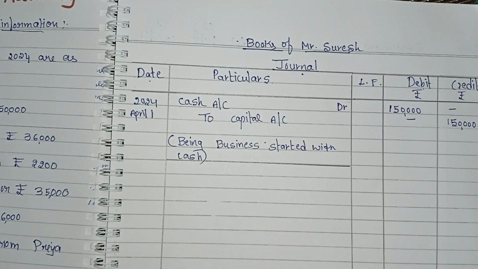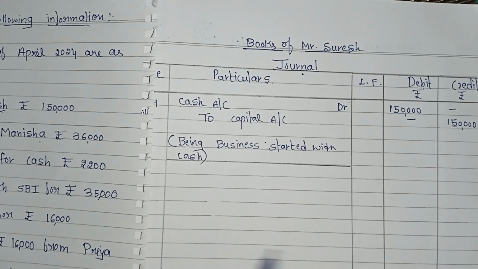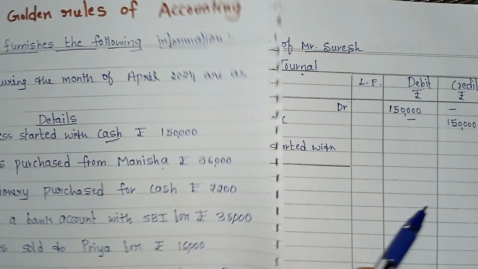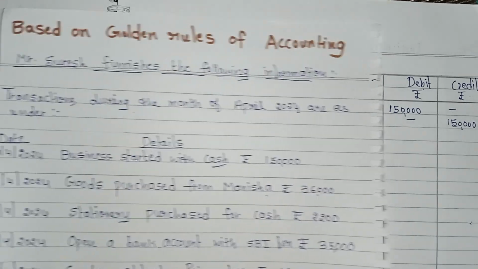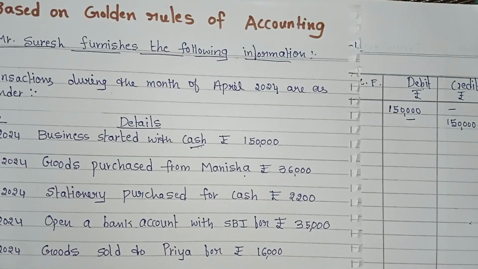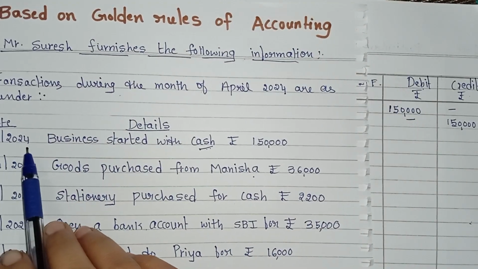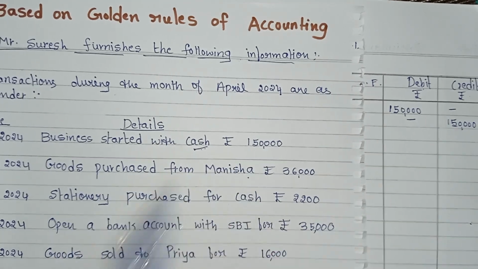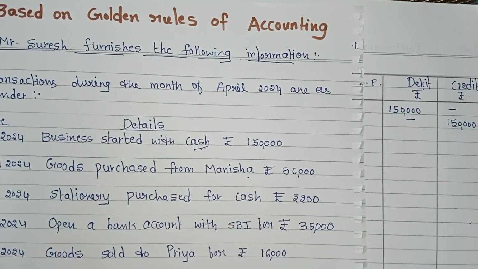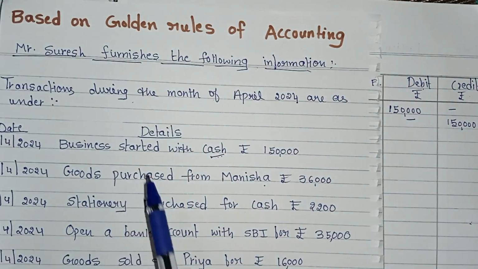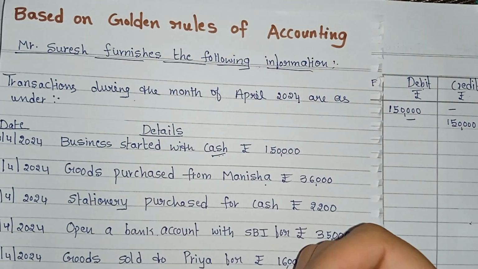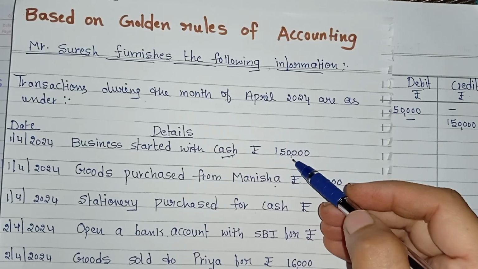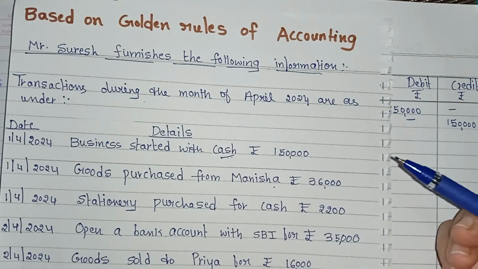Now we will solve the problem. First one, on 1/4/2024, business started with cash rupees 1,50,000. It means Mr. Suresh has invested cash in the business for rupees 1,50,000.